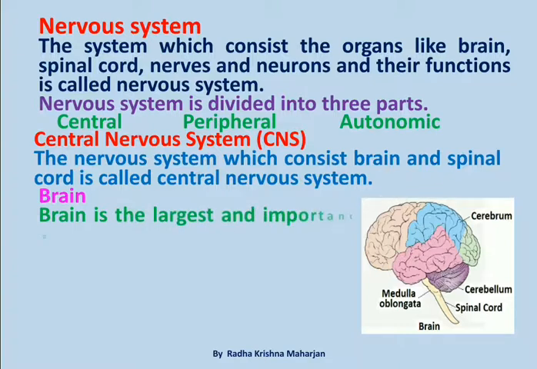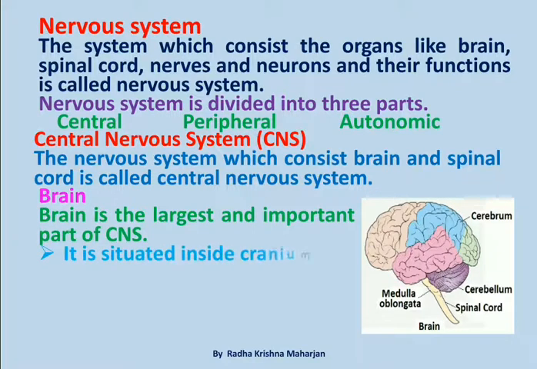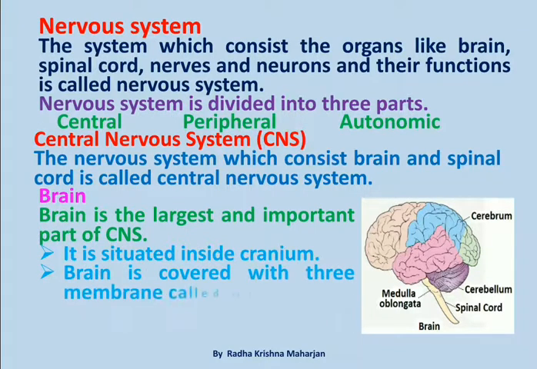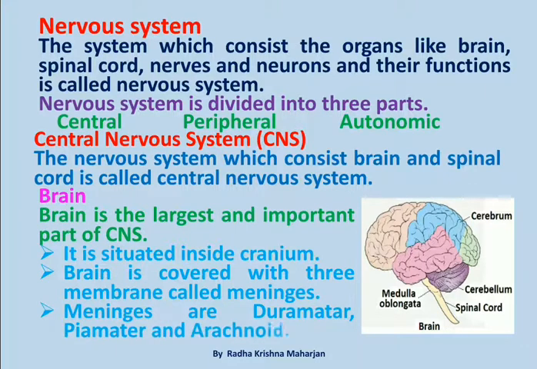Brain is the largest and important part of central nervous system. It is situated inside cranium. Brain is covered with three membranes called meninges. Meninges are dura mater, pia mater, and arachnoid.